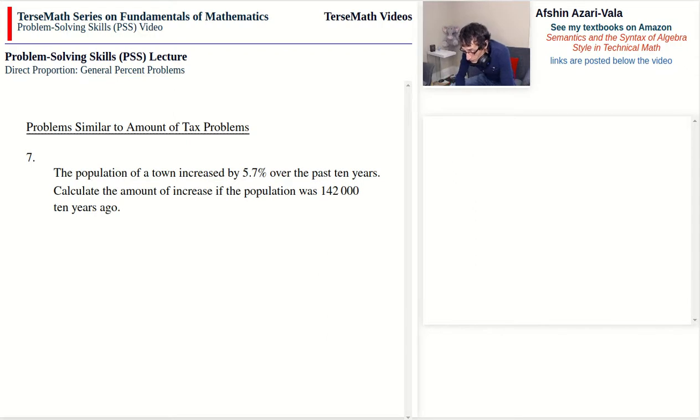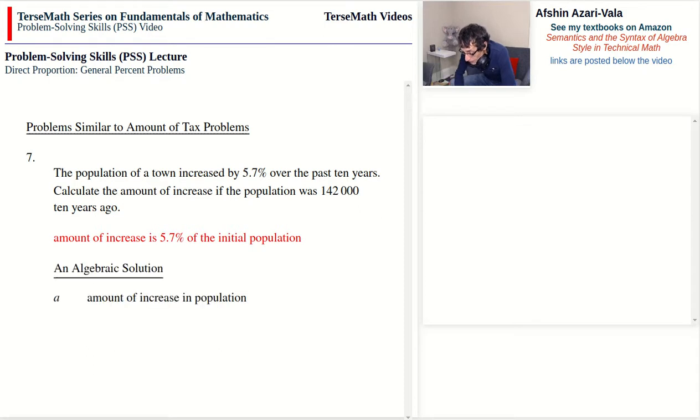Problem 7: the population of a town increased by 5.7% over the past 10 years. With the earlier problems, we had a decrease, but now we have an increase of 5.7%. Calculate the amount of increase if the population was 142,000 10 years ago. The key statement is: amount of increase is 5.7% of the initial population.